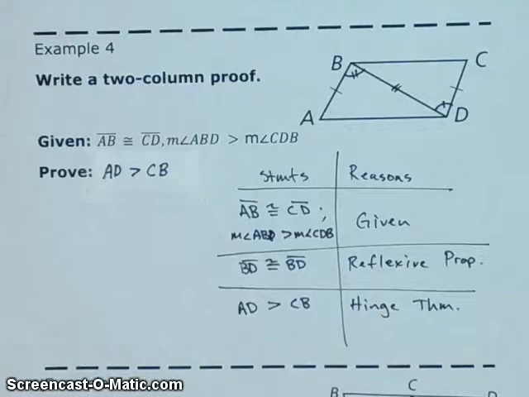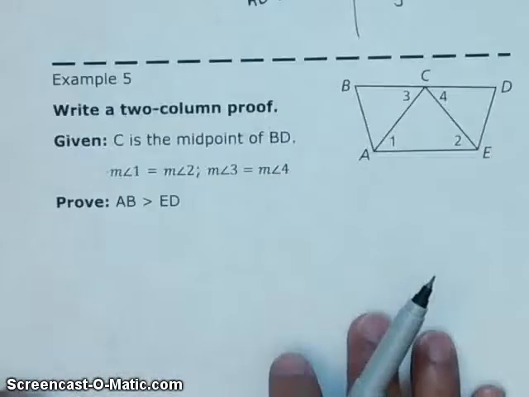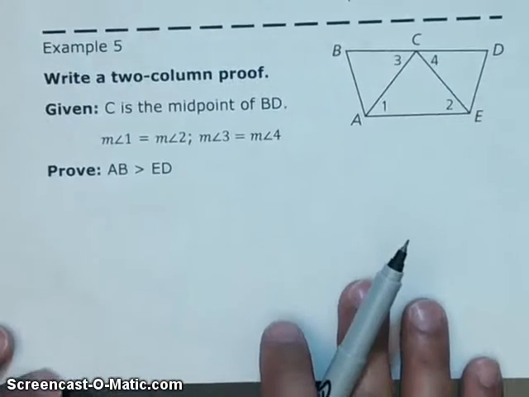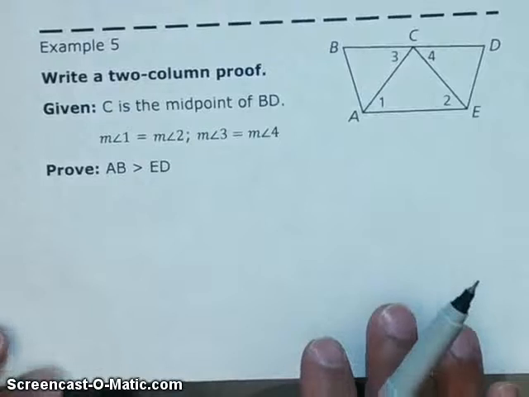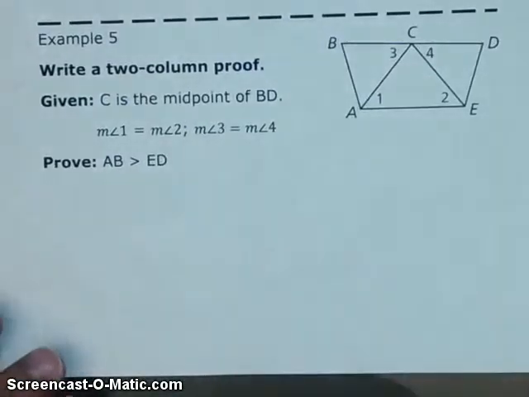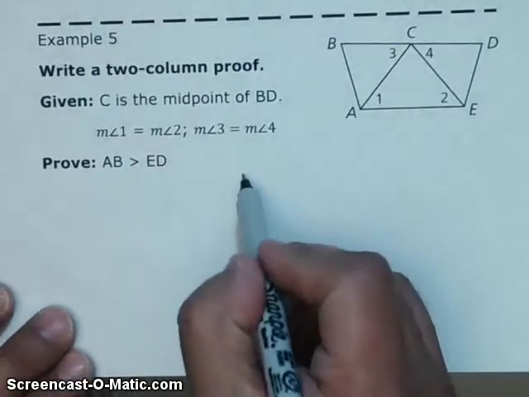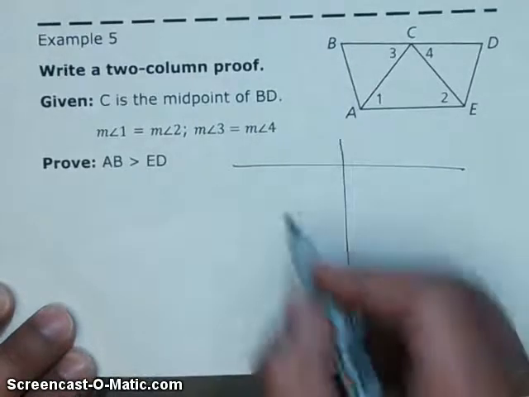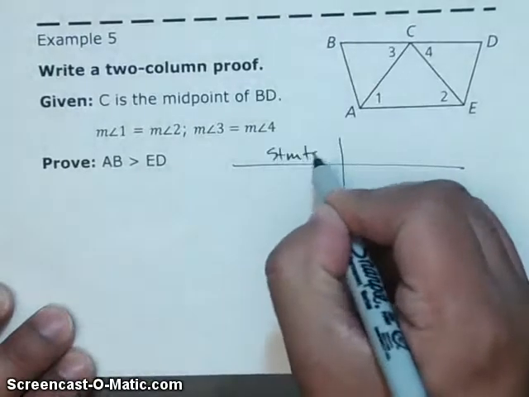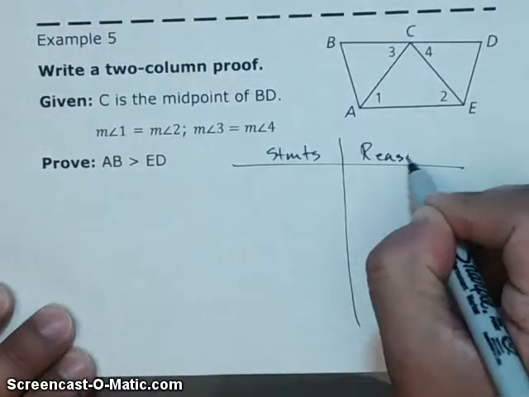Now let's look at the next example. So again, we have to make this two-column proof, statements and reasons.